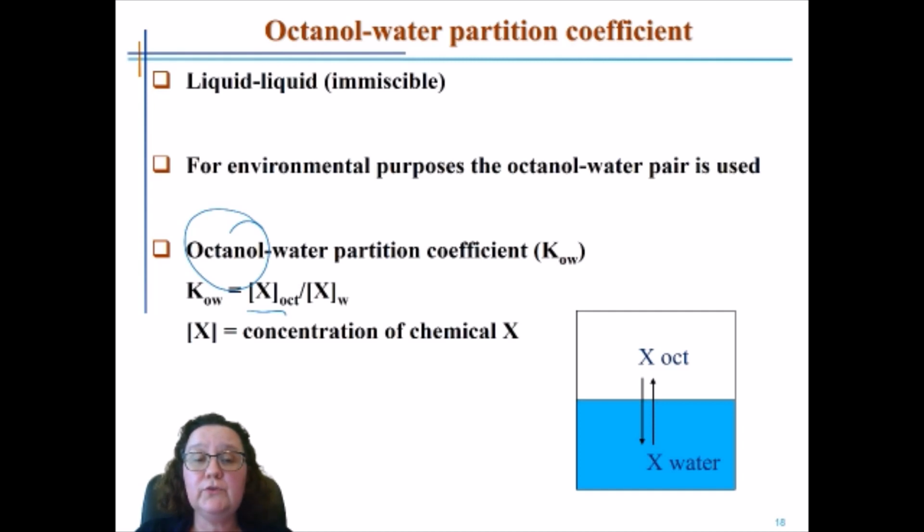It has no units, it's dimensionless, because you are dividing two concentrations. So the final partition coefficient does not have units. You can use any units of concentration you want, moles per liter or ppm or grams per liter.